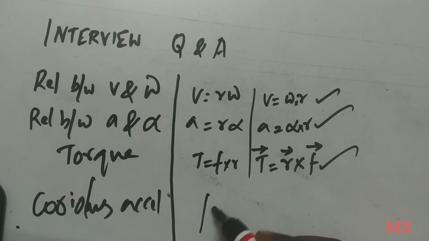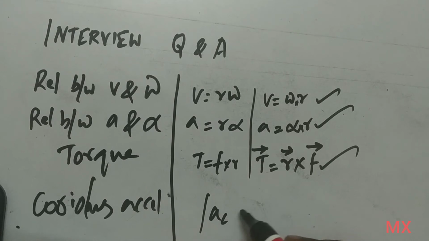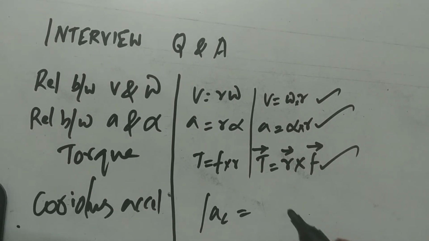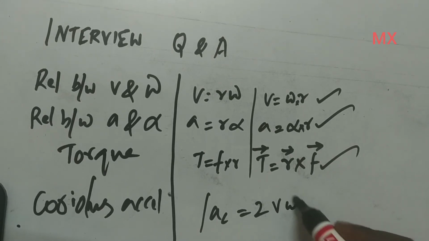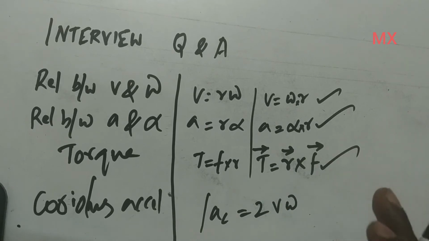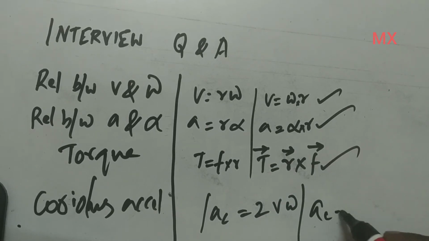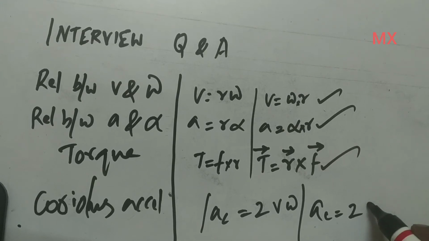See, actually, it's Coriolis acceleration. C is Coriolis, A is acceleration. It is 2 V omega, like the formula you will be studying. But you have to tell Coriolis acceleration is 2 omega cross V relative.